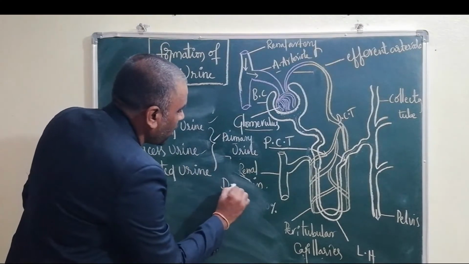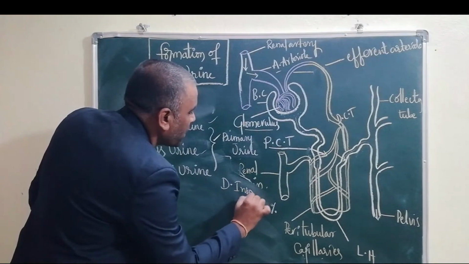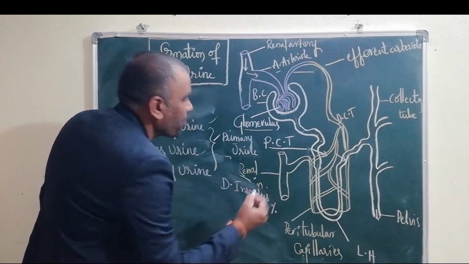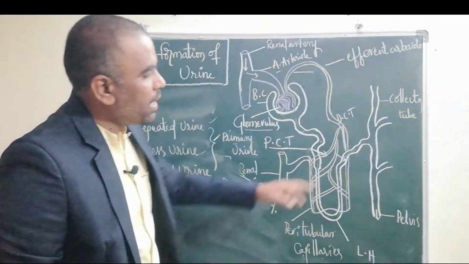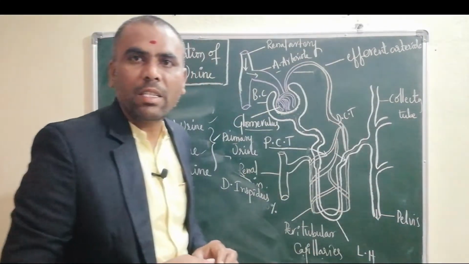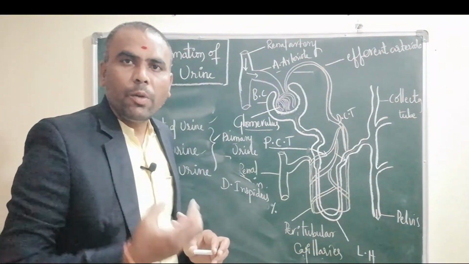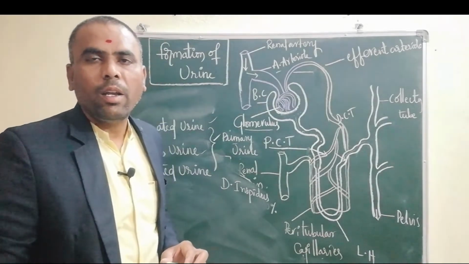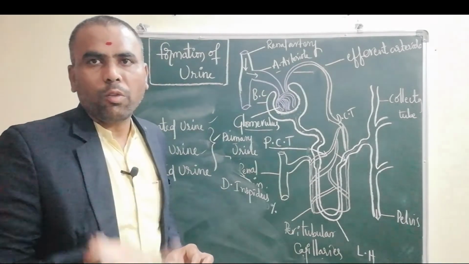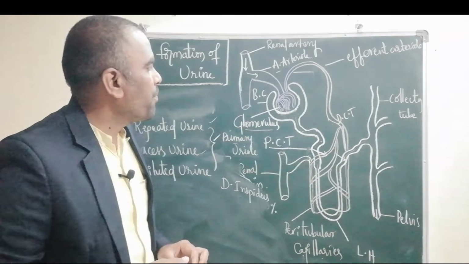The condition is called diabetes insipidus. Then next, from the collecting tube, the urine goes to the pelvis. From the pelvis, it goes to the ureter, from the ureter to the urinary bladder, then to the urethra. Through the urethra, it goes outside.